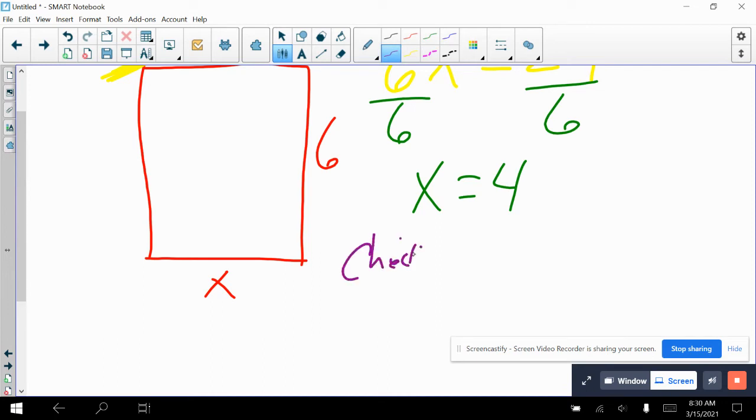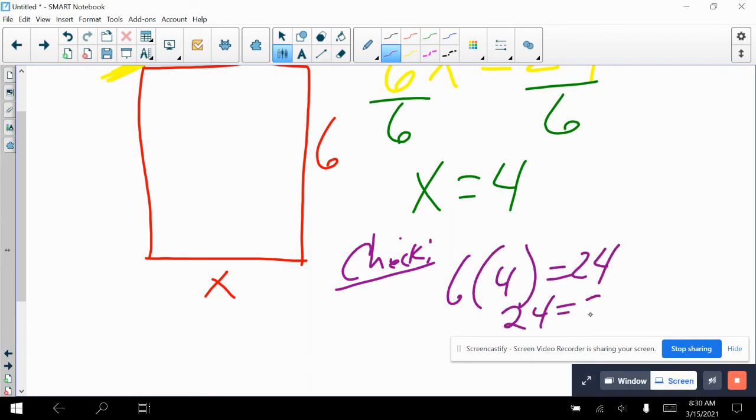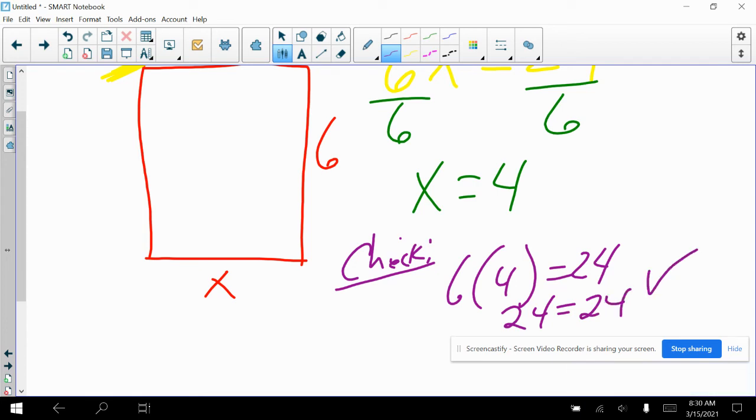So when we go to check it, right, we get 6 parentheses 4 is equal to 24. 24 is equal to 24. All right, next shape.